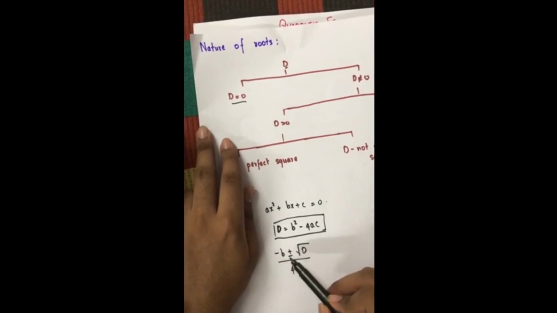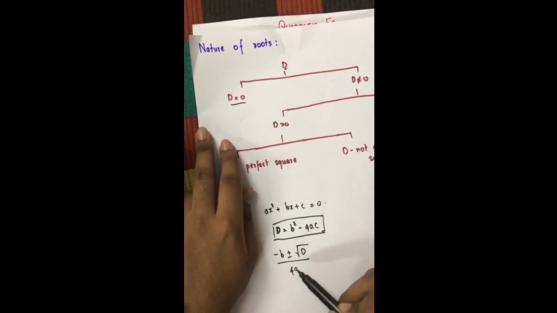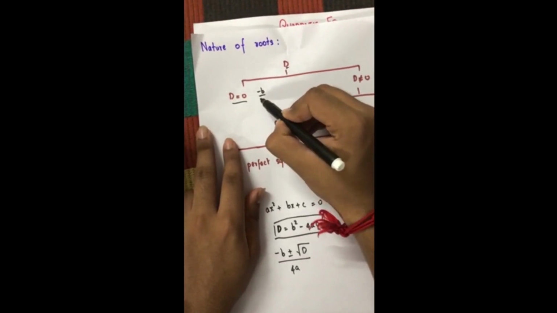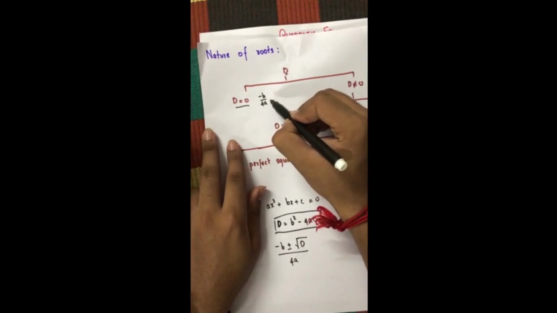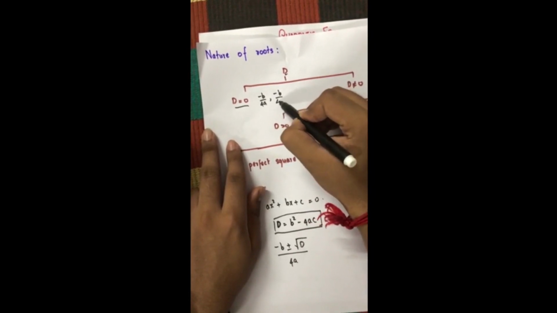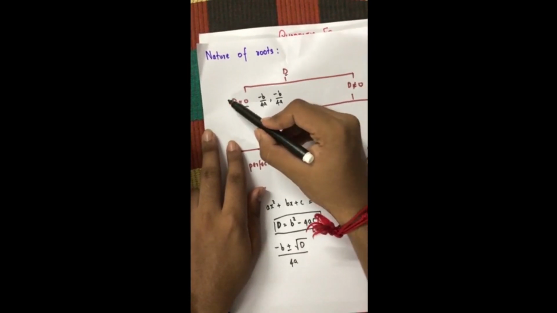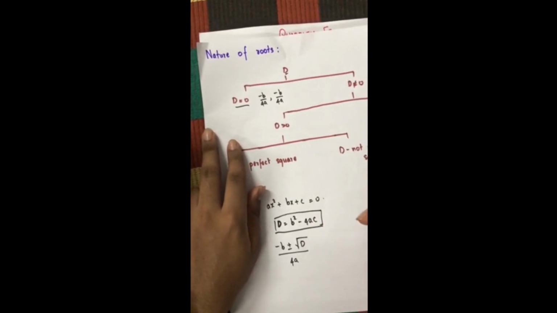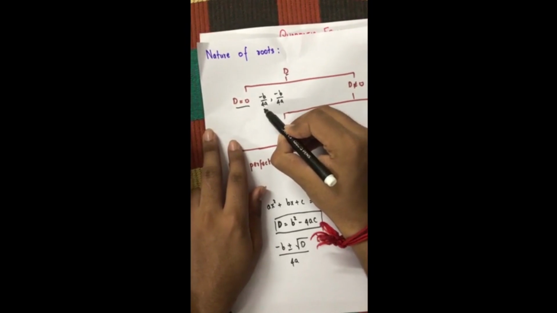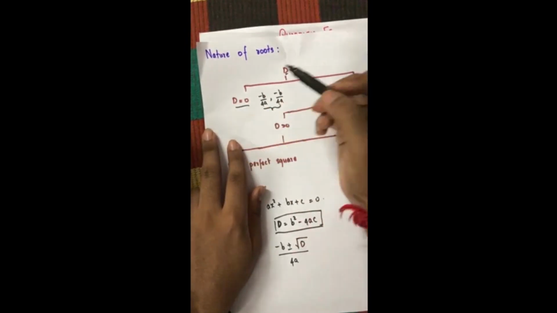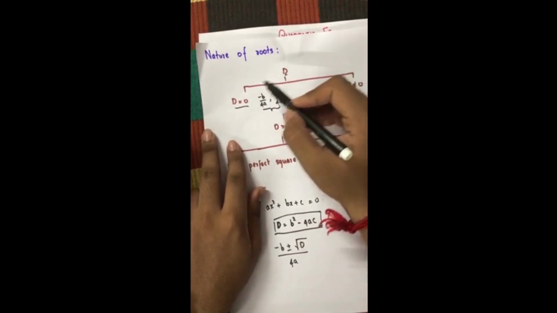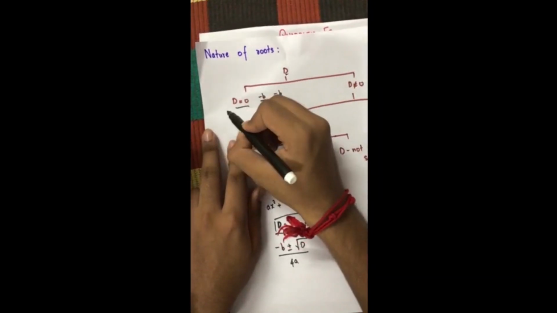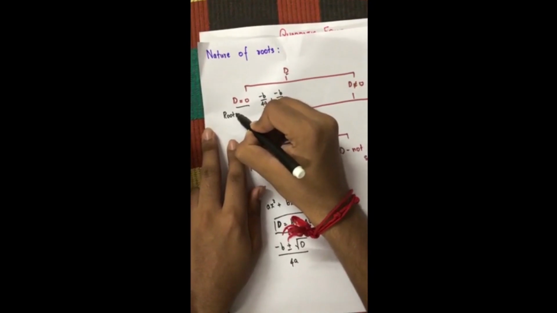It becomes minus b plus or minus 0 by 2a. So we get two roots which are nothing but minus b by 2a and minus b by 2a. What I did was just substitute the value of D as 0 over here. So you get two roots of the same value. So when D becomes 0, the roots are going to be equal. So roots are equal.